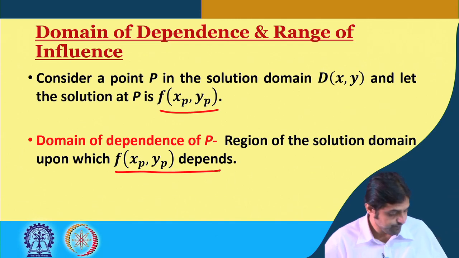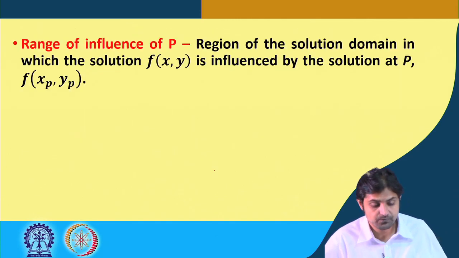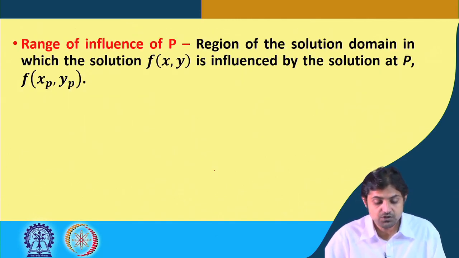All right. So, the region of influence of P is the region of solution domain in which the solution f of x comma y is influenced by the solution at P, which is f of xp comma yp.